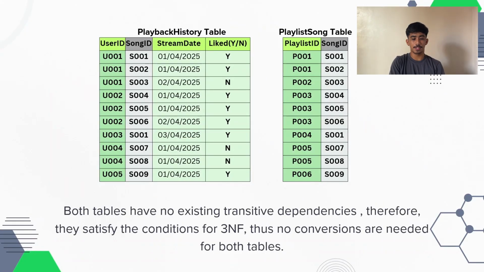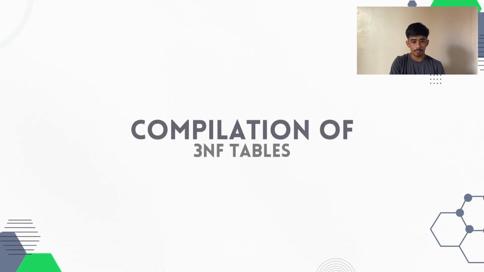Meanwhile, the playback history table and the playlist song table already satisfied 3NF. They don't have any transitive dependencies, so no changes were needed. At this stage, our database is fully in third normal form.